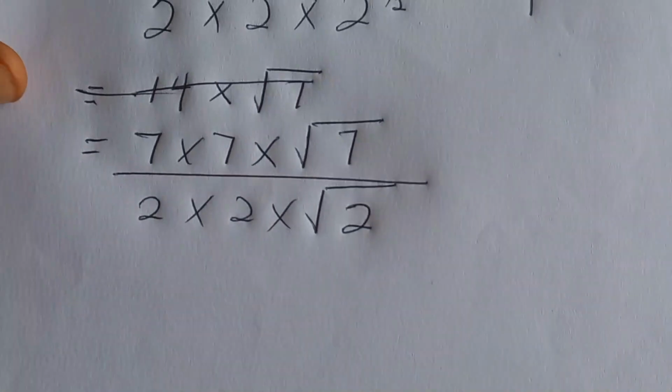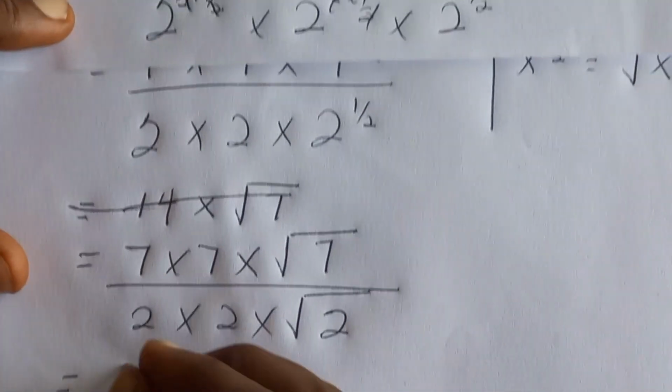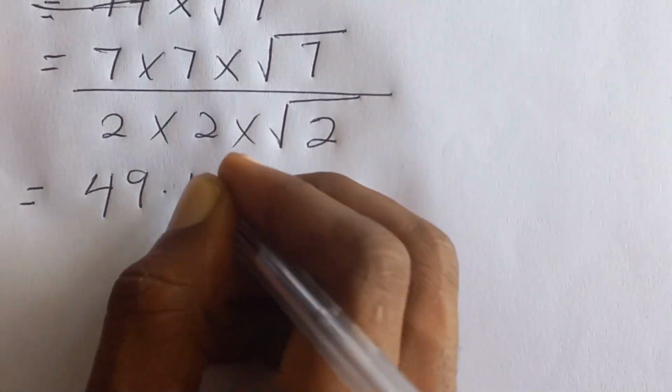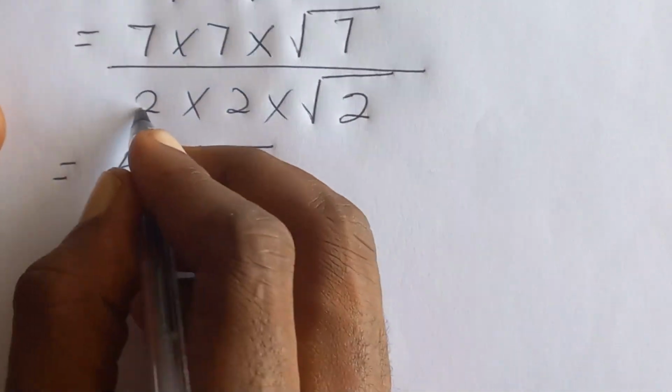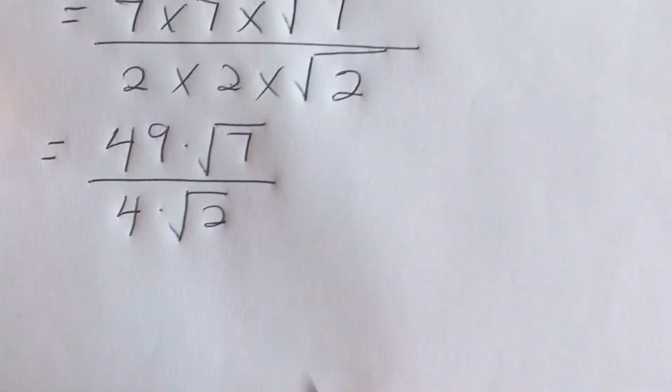Now 7 times 7 is 49, so we have 49 multiplied by square root of 7 on this, and this is 4, so multiplied by square root of 2.